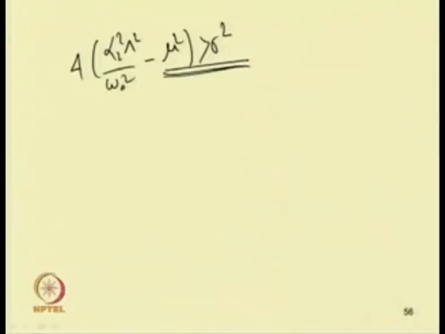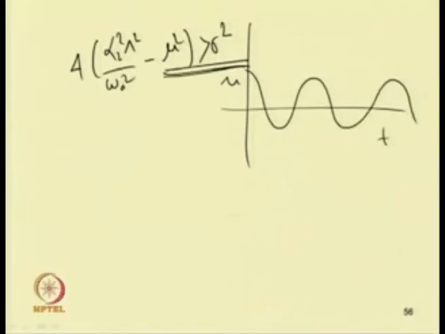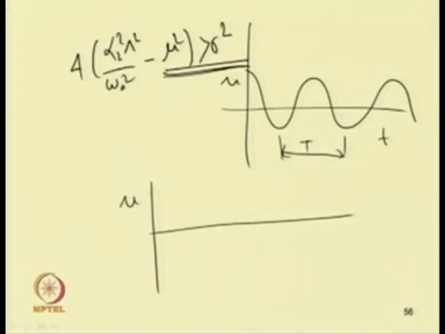In this case one can note that if one plots u versus t, when the subharmonic resonance condition is not considered, the response will have a time period of t. But when you consider the subharmonic resonance condition, if one numerically integrates and plots it, one can get the response of the system in this way.